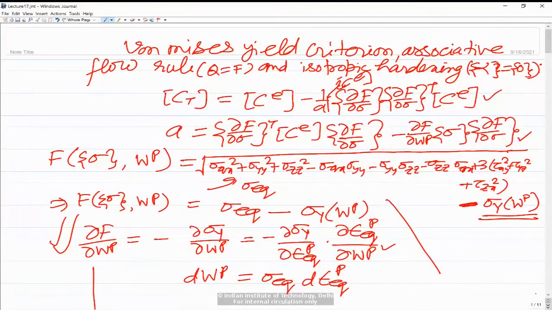The plastic strains are evolving differently than the change in the yield function or the normal to the yield function, and the combination of these two makes the tangent constitutive matrix unsymmetric.